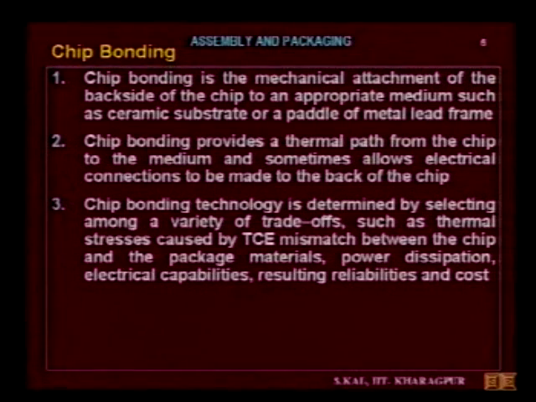Power dissipation means you need a thermal path from the chip to the external medium. Next, electrical capabilities, reliability and cost. These are the various points which have to be considered when we adopt a certain chip bonding technology. Particularly, the power dissipation and the TC mismatch are very important.